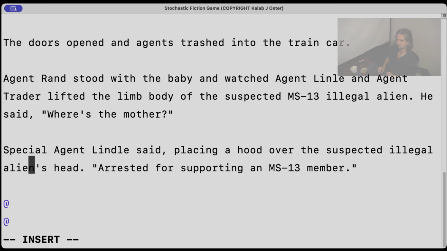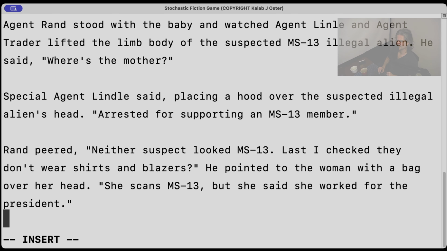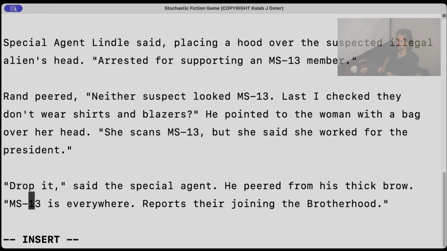Agent Rand stood with the baby and watched Agent Lindell and Agent Trader lift the limp body of the suspected MS-13 illegal alien. He said, "Where's the mother?" Special Agent Lindell said, placing a hood over the suspected illegal alien's head, "Arrested for supporting an MS-13 member." Rand peered. Neither suspect looked MS-13. "Last I checked, they don't wear shirts, skirts, and blazers. Like going to a job." He pointed at the woman with the bag over her head. "She scans MS-13, but she said she worked for the president."